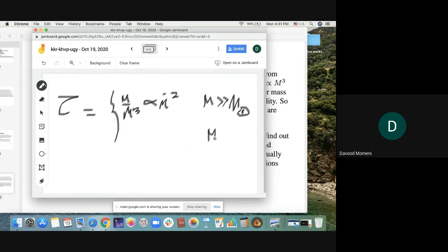And if m is much lower than that, in the range of the solar mass, it will be m to the power minus 2.5. This m cubed and m 3.5 comes from the observation.